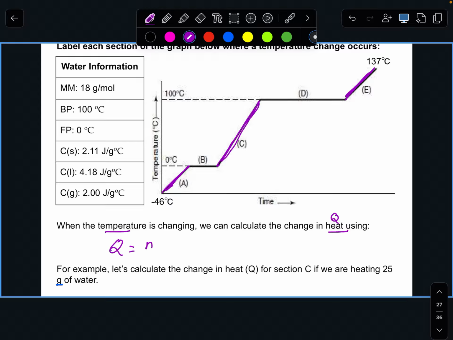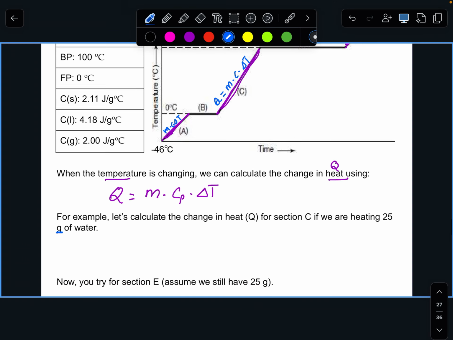Q is equal to m times c times delta T. So on all the slanted lines there is temperature change, so you are using this equation for all these lines if you have a question from that line. So you have to understand whether it is that line or this line based on the question.